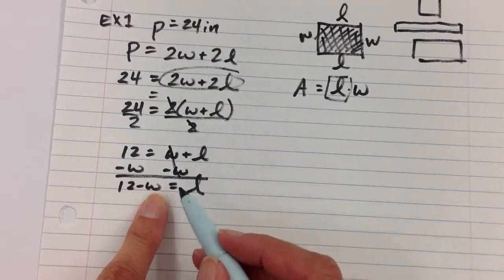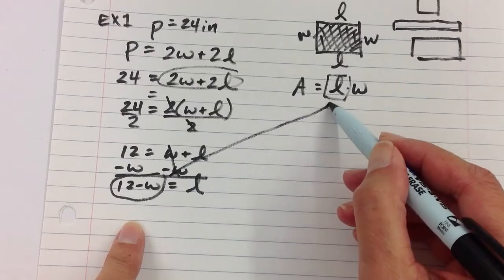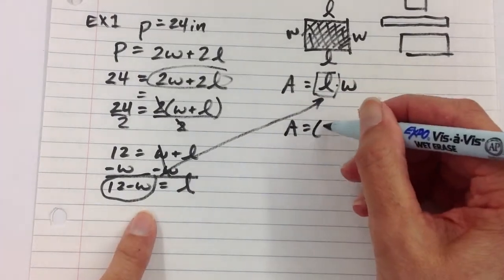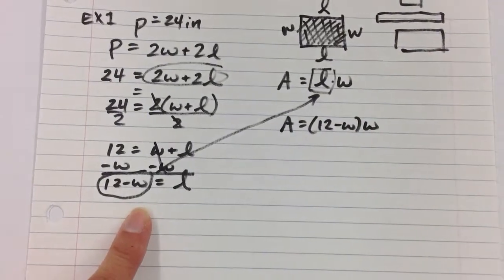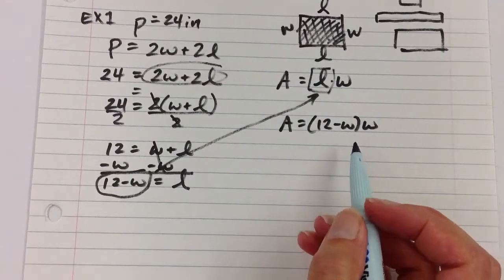So now that we solved for L, I'm going to plug this 12 minus W in to my L right here. So my equation is the area equals 12 minus W times W. And so basically we have a function here.